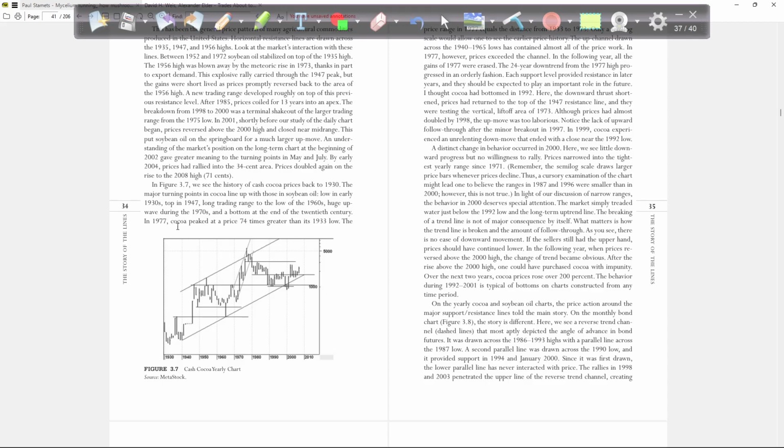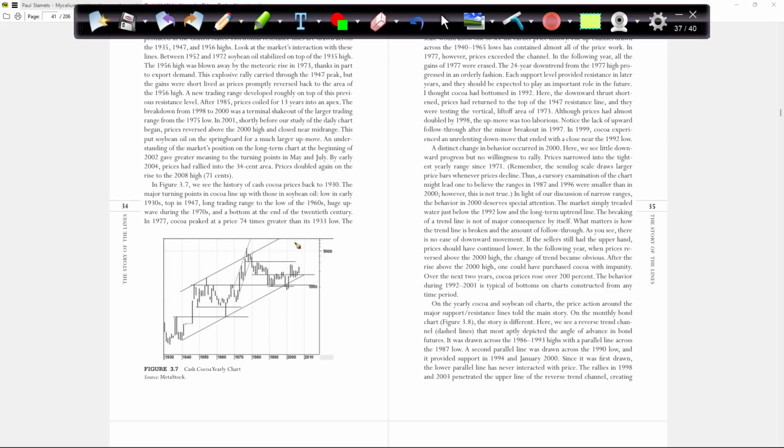In 1977, cocoa reached a price 74 times greater than its 1934 low.